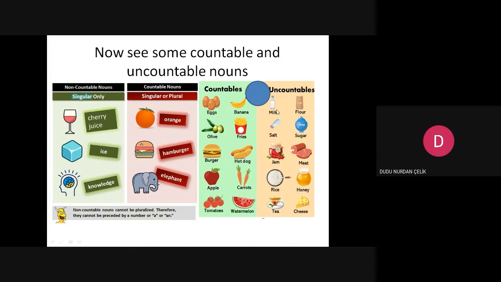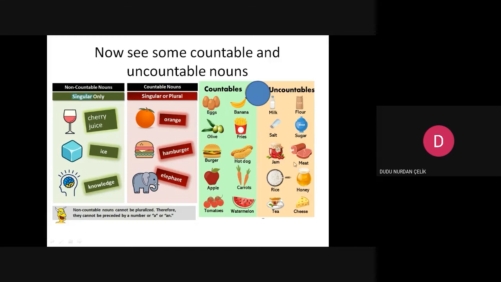Milk is a liquid, I said, like water, like juice, tea, coffee. They are all liquids, and we cannot use liquids like countables. They are uncountables. Flour, we make cake, we make bread from flour, and it's also uncountable. Salt, uncountable.